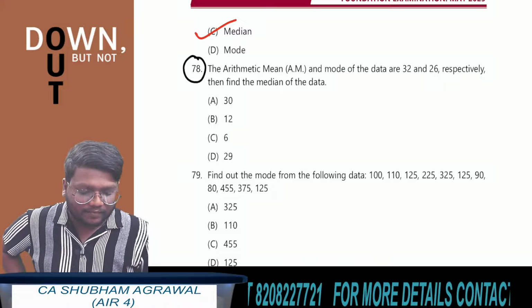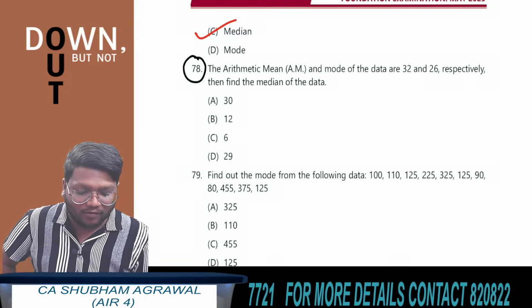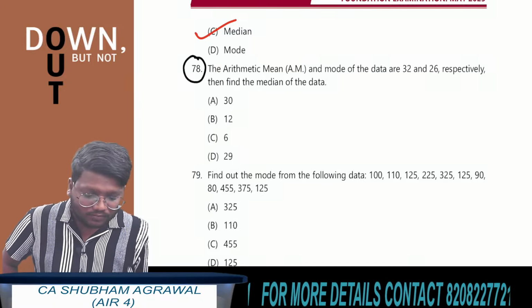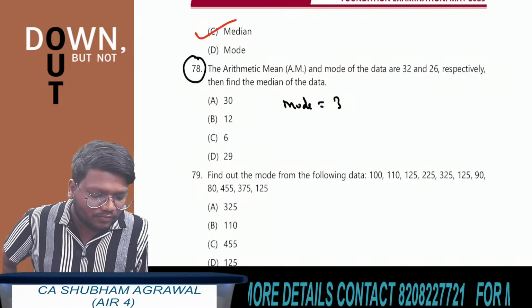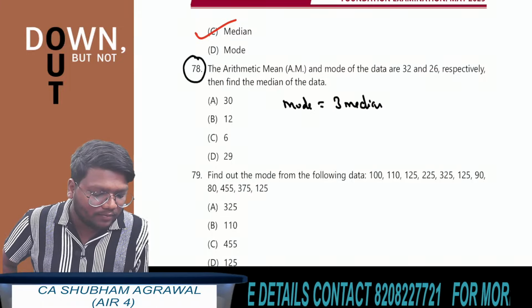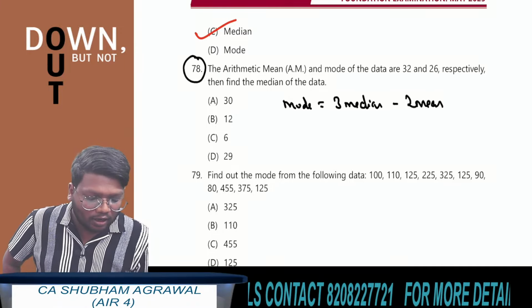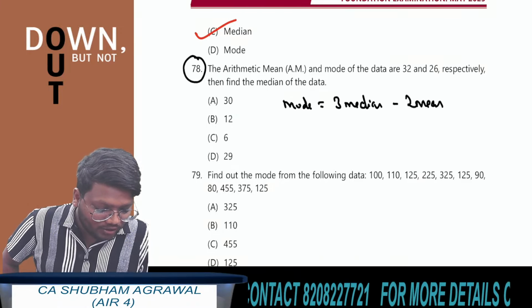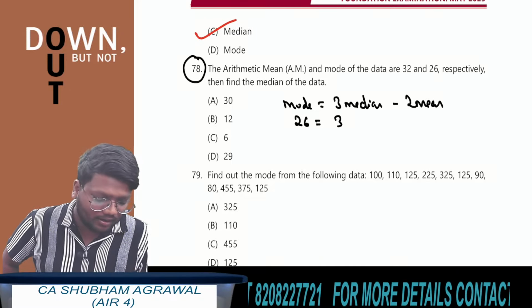Question number 78. Arithmetic mean and mode of the data are 32 and 26 respectively. You have to find the median of the data. Which formula do we have to use here? Mode is equal to 3 median minus 2 mean. Mode is given in the question, 26.